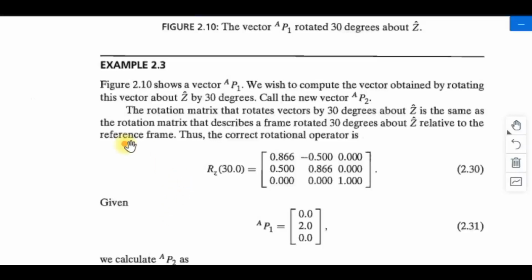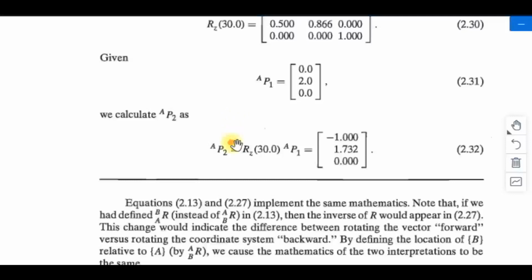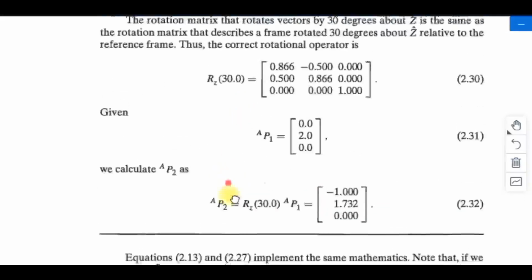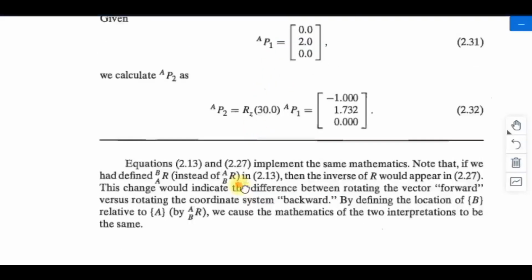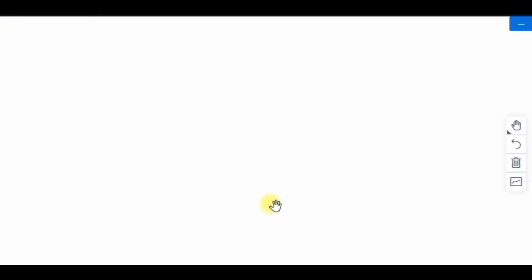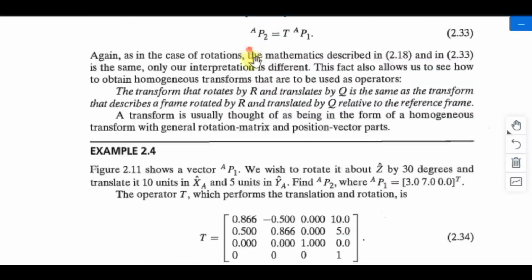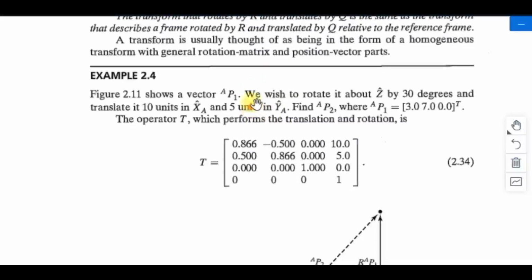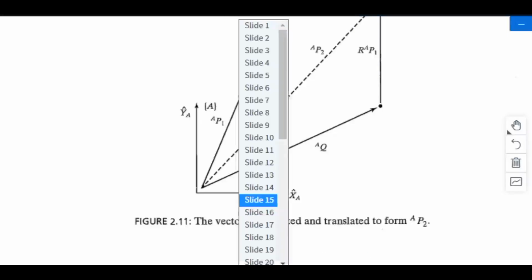This type of operation we already did. The rotational matrix RZ theta is important, and please memorize it by yourself.